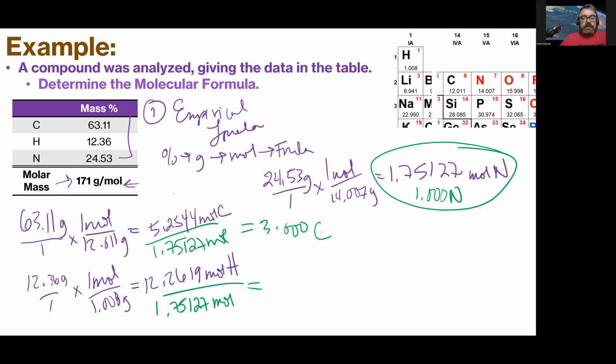That gives us, for 4 significant figures again, 7.002. So we can conclude for this problem that our empirical formula is C3H7N. Remember, carbon first, then hydrogen, then everything else in alphabetical order. Remember, this is the empirical formula.